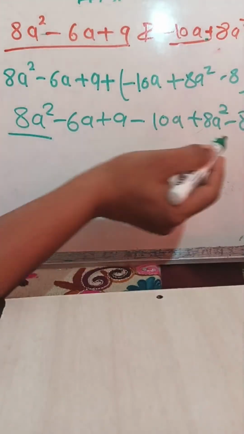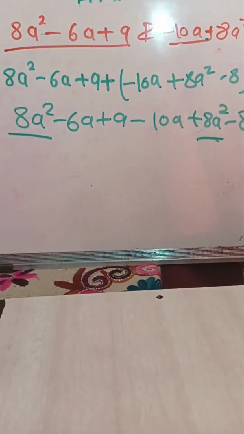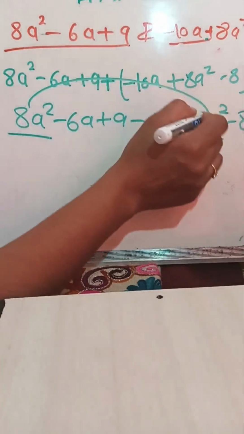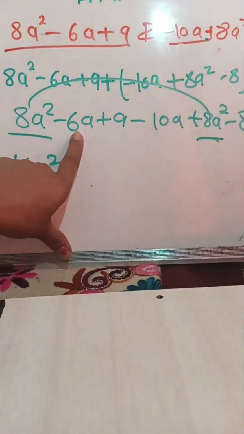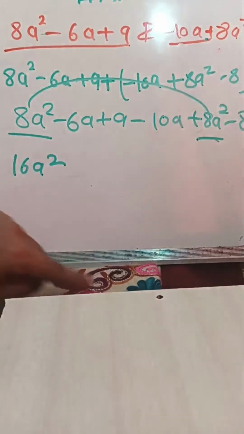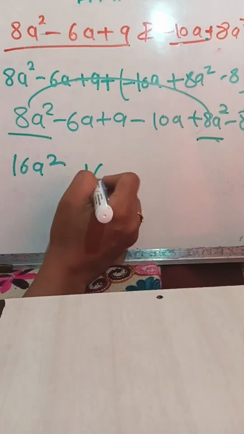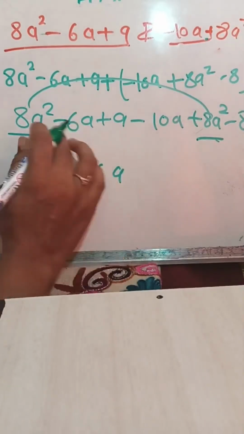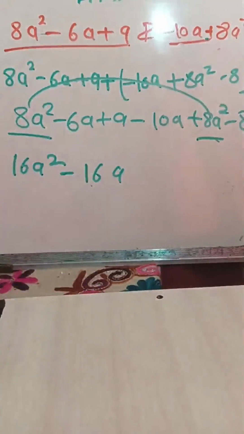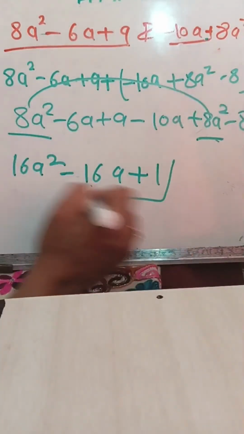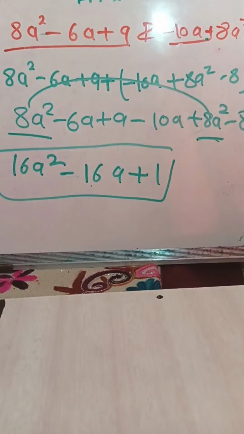Here 8a square, here 8a square, both are like terms. So 8a square and 8a square make 16a square. Then 16a square minus 6a minus 10a: both have a minus sign, so we add them, and it is minus 16a. Plus 9 minus 8, that comes to plus 1.